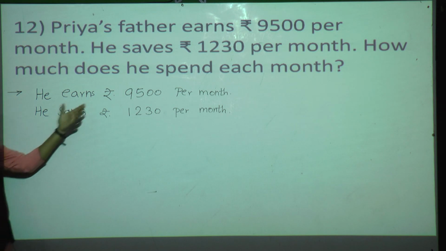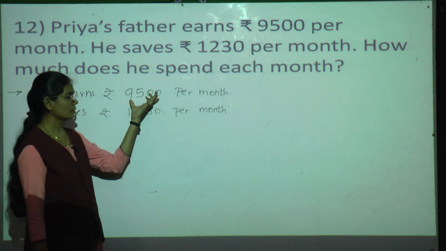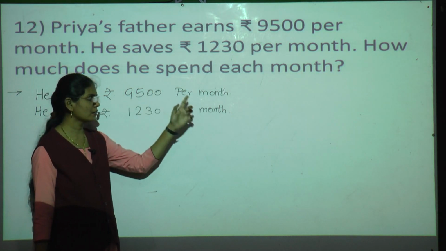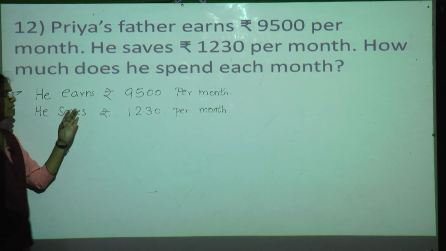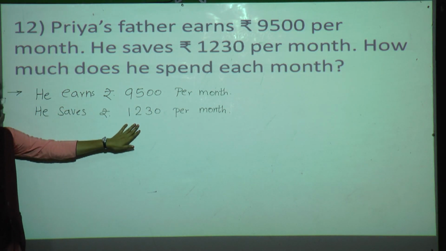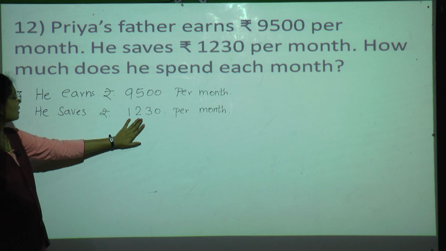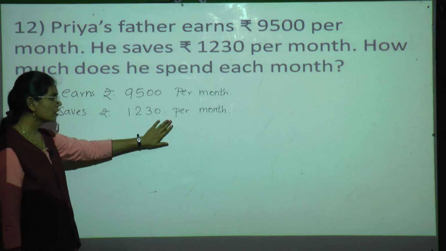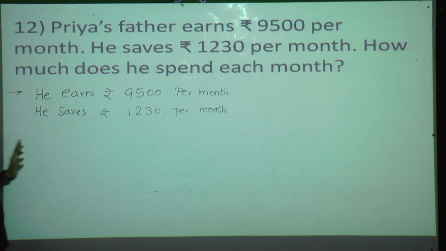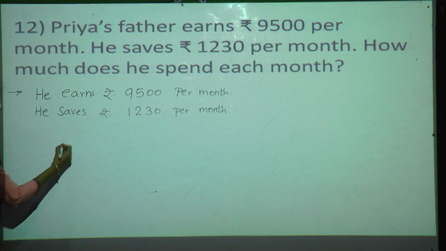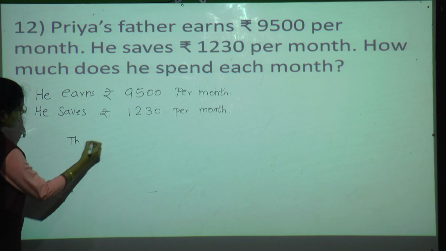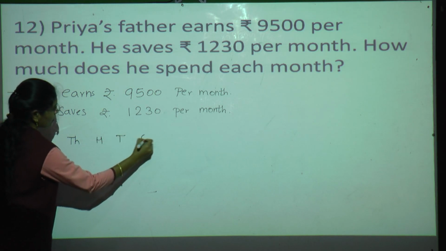See, he is getting total amount 9,500 per month, and from that 9,500 he saves 1,230, and the remaining amount he spent in each month. So for that we will do the subtraction now here. Thousands, hundreds, tens and ones.